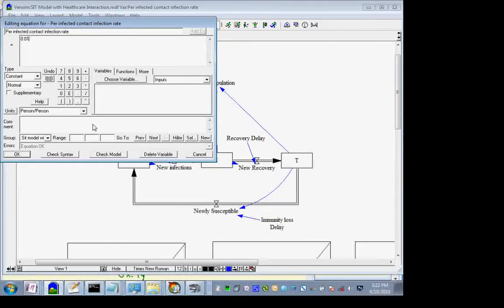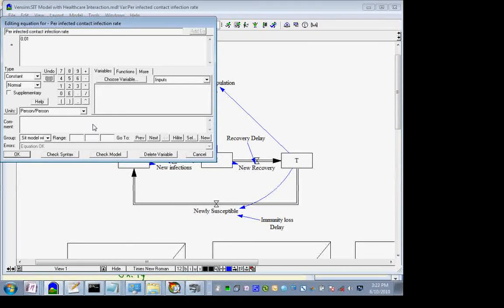This is the probability a given contact between a susceptible and infected will transmit between this discordant pair. What's the dimension associated with that? With the probability? It's dimensionless.